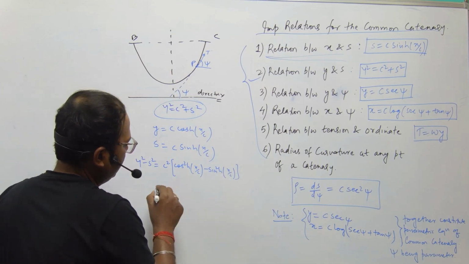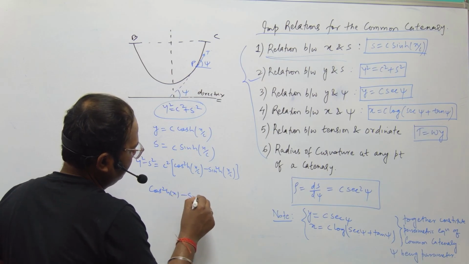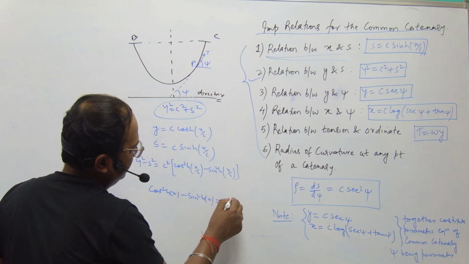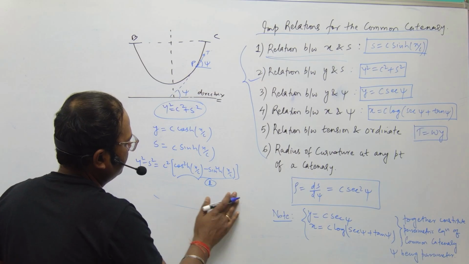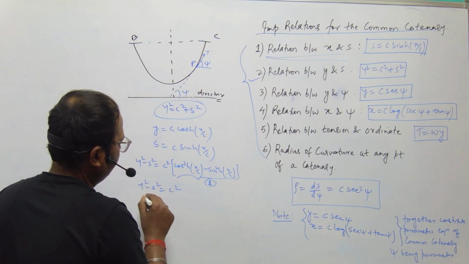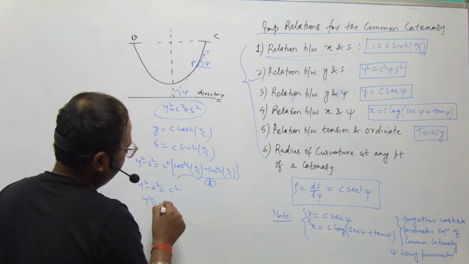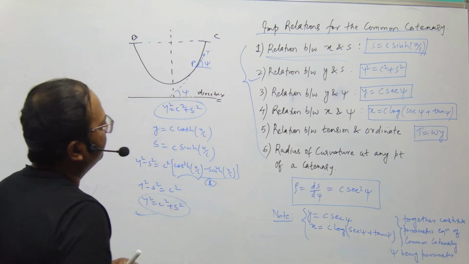Cosh square x minus sinh square x is equal to 1. So y square minus s square is equal to c square, that is, y square is equal to c square plus s square. This is the proof of relation 2.